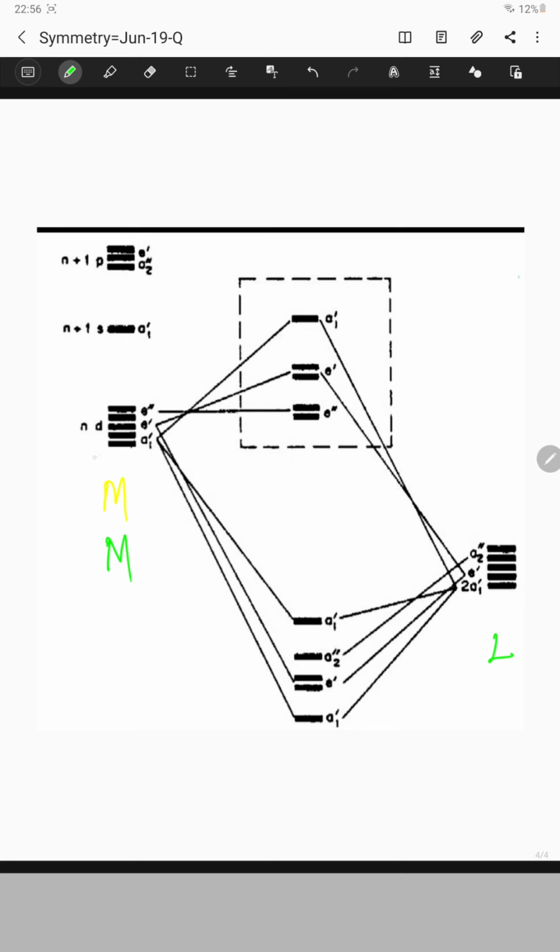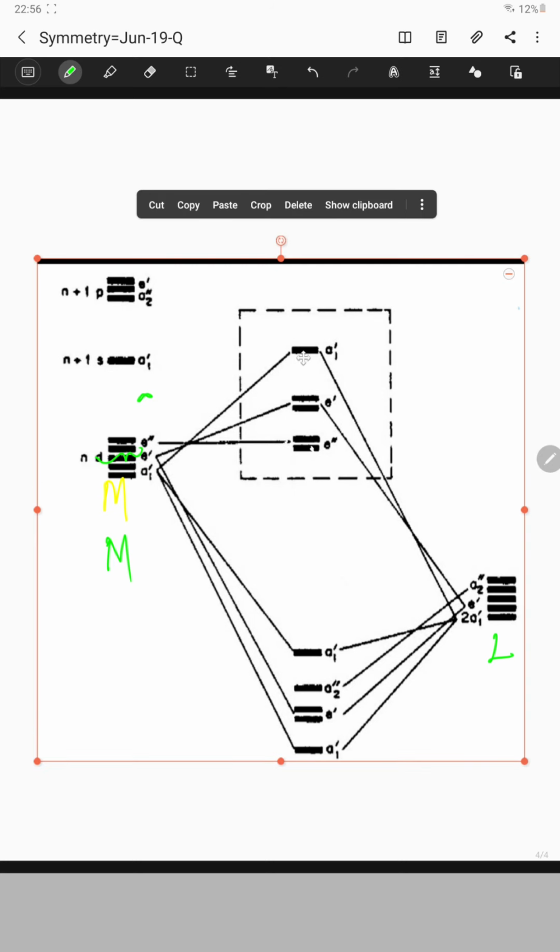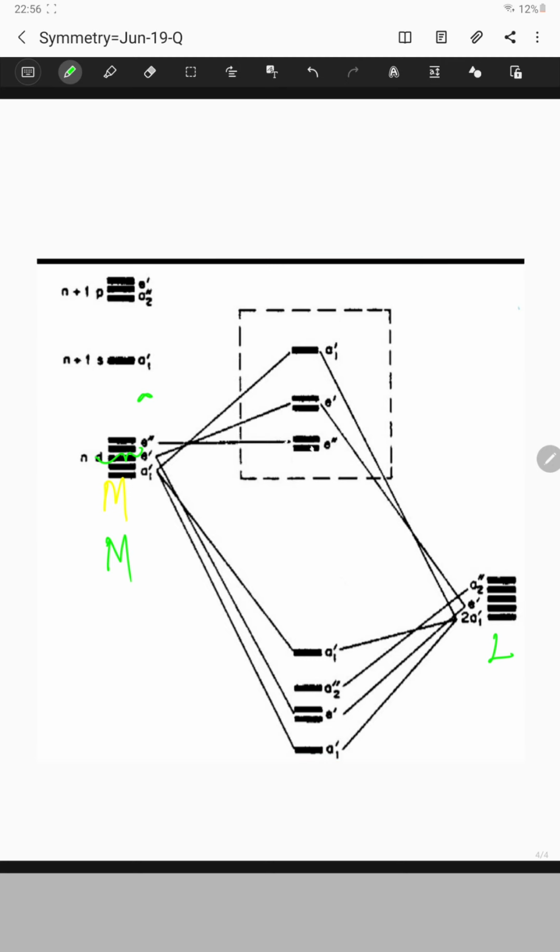Now within these 5 d orbitals, one orbital has A1 prime, the other two has E prime, and the third one has E double prime symmetry. E double prime symmetry, here it can be seen, they are non-bonding. Whereas the two orbitals having E prime and A1 prime symmetry, they participate in bonding.